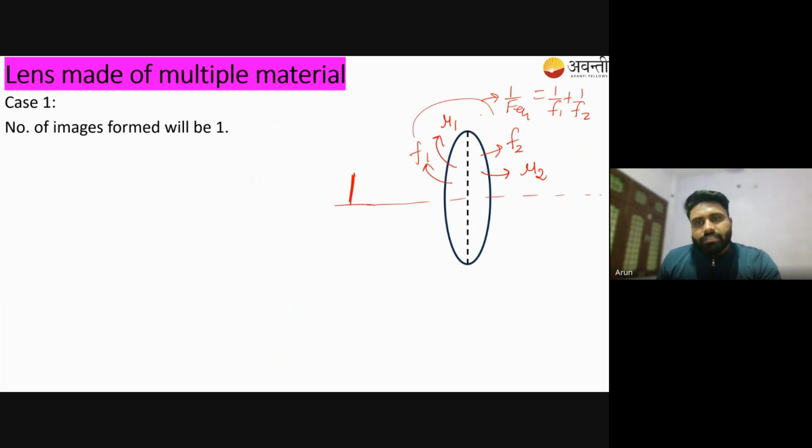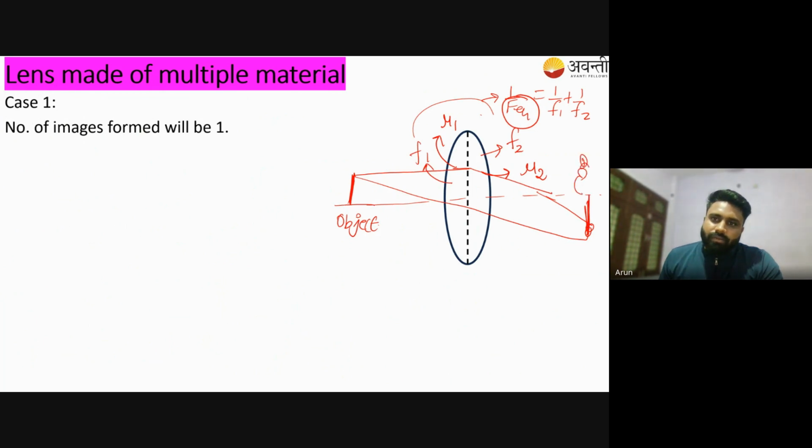So you can see this lens is behaving as one lens but with a different focus. If you place the object here, this behaves as a single lens, so you will only have a single image of the object. So the number of images is 1.